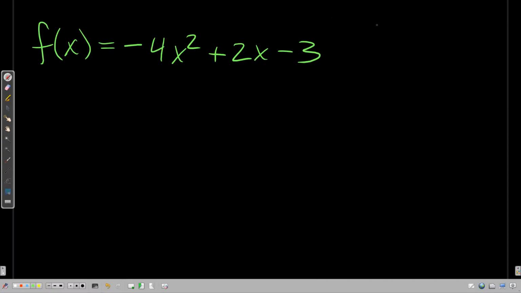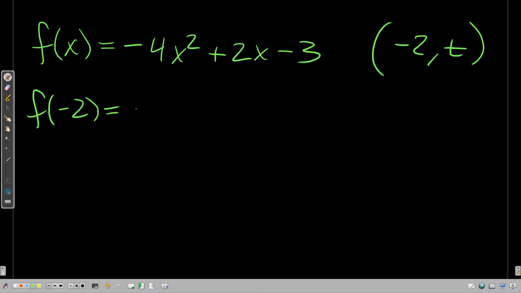So here I've got the function, and we're concerned about the interval from minus 2 to t. Then f of minus 2 is looking like a minus 4 times 4, so that's a minus 16, plus 2 times a negative 2. 2 times a negative 2, that's minus 4, and then minus 3, so this is minus 23.